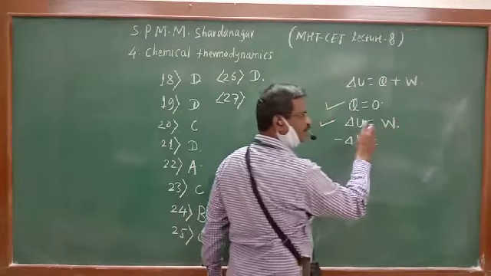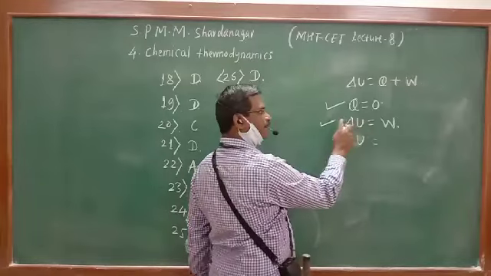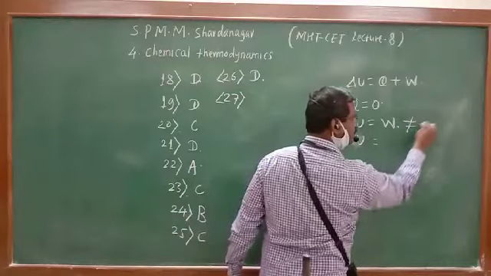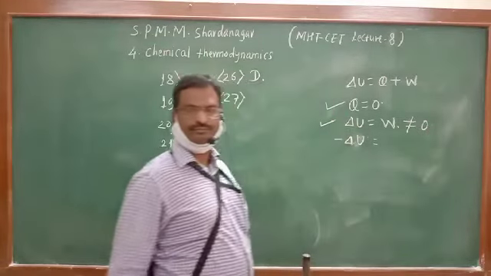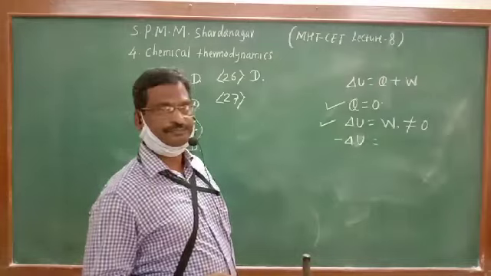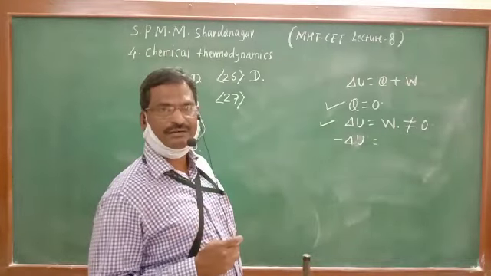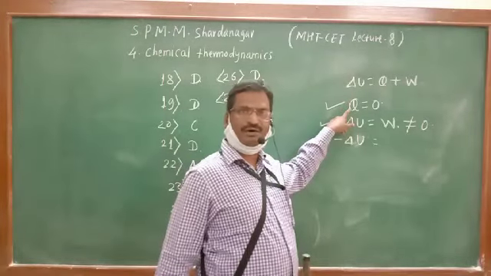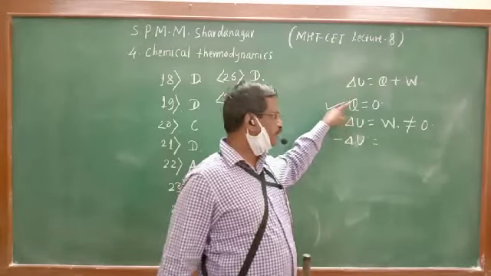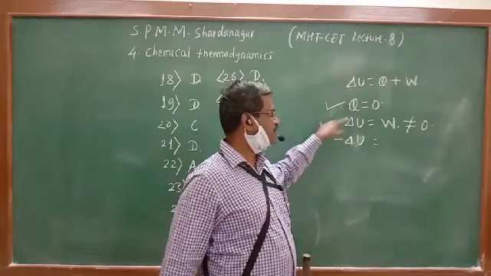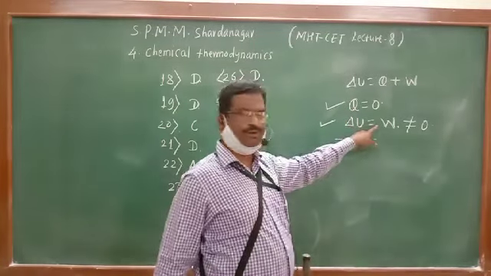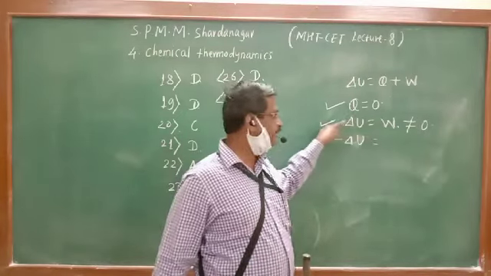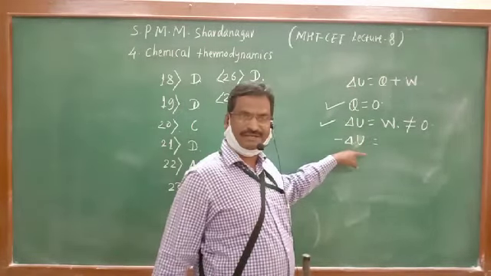But a certain quantity of work is obtained, either positive work or negative work. Therefore, this work is not 0. See, this is important. As the apparatus is insulated, change in heat is 0. No loss or gain of heat takes place. Q is 0. So this equation becomes delta U is equal to W. It may be plus W or minus W. If delta U is minus, work done is minus.